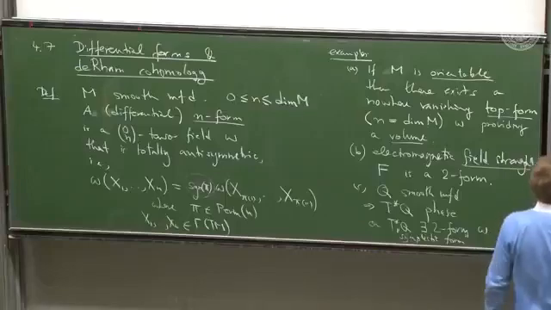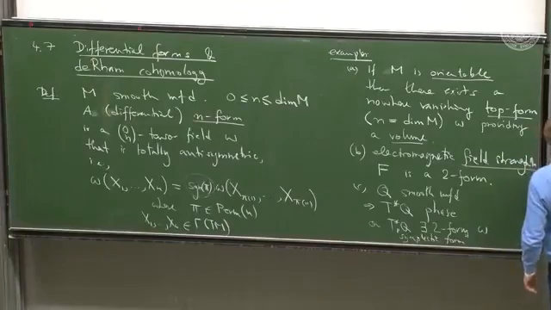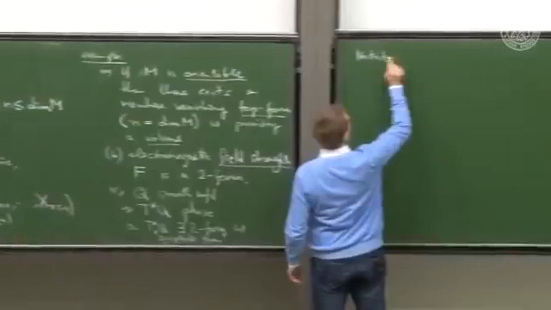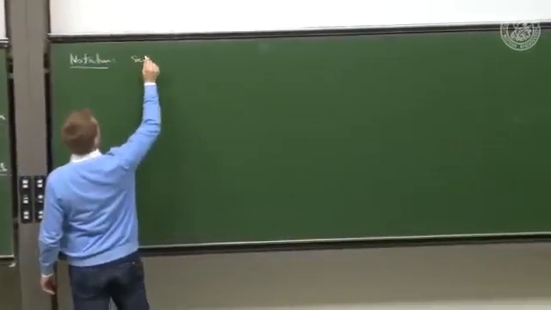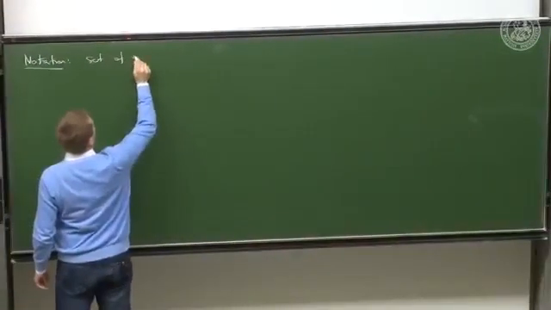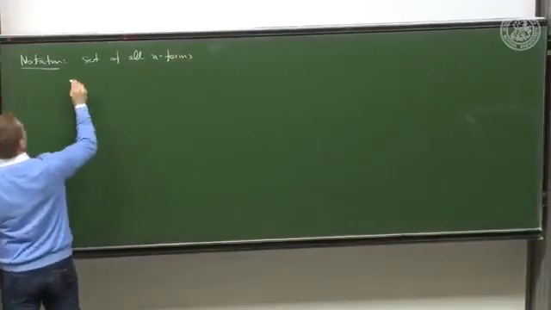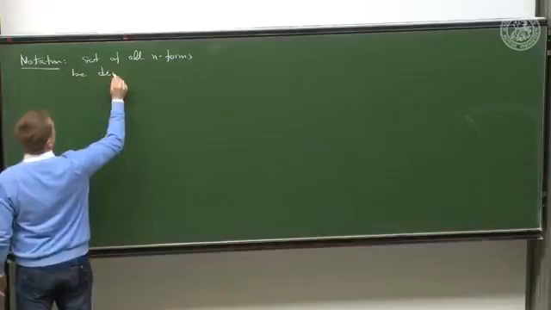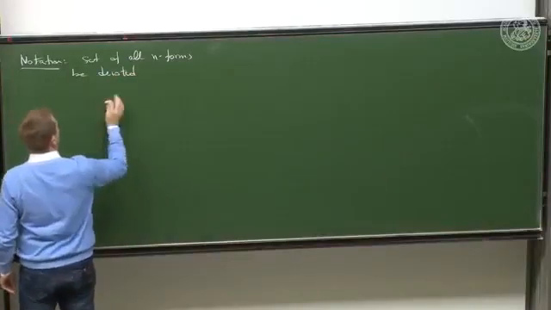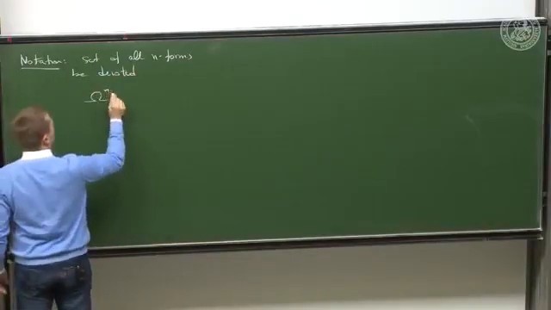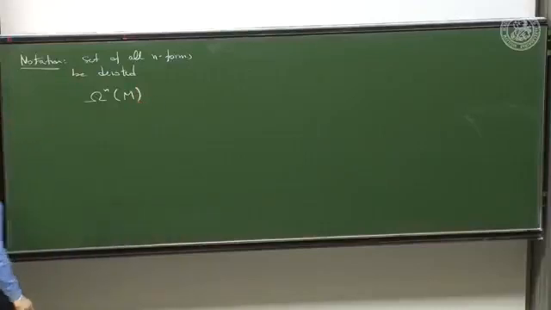Okay, so we introduce some notation. The set of all n-forms will be denoted Ω^n(M).